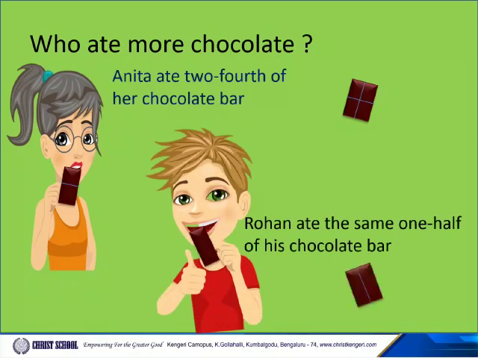See, the chocolate bars of Anita and Rohan are of same size, but Anita's chocolate bar is divided into 4 equal parts and Rohan's into 2 equal parts, but the size of the chocolate is same. Therefore, they both ate the same amount of chocolate.